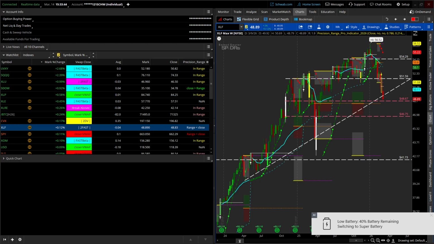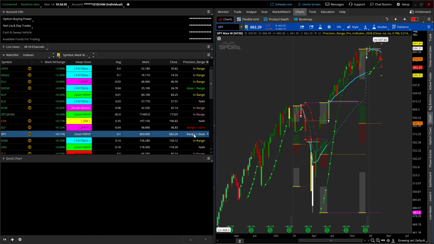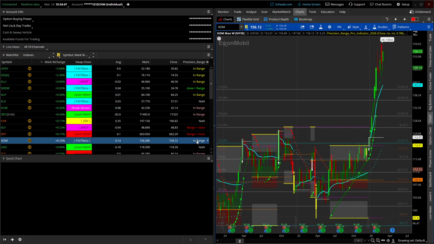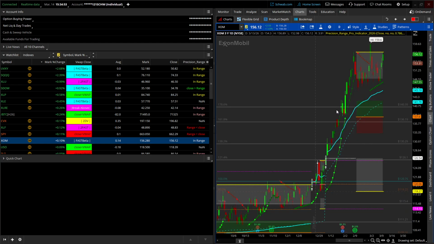So yeah, my laptop is getting ready to die. We saw that it's breaking below its range. Oh, I'm on a weekly chart. That's why I'm like, something's wrong.